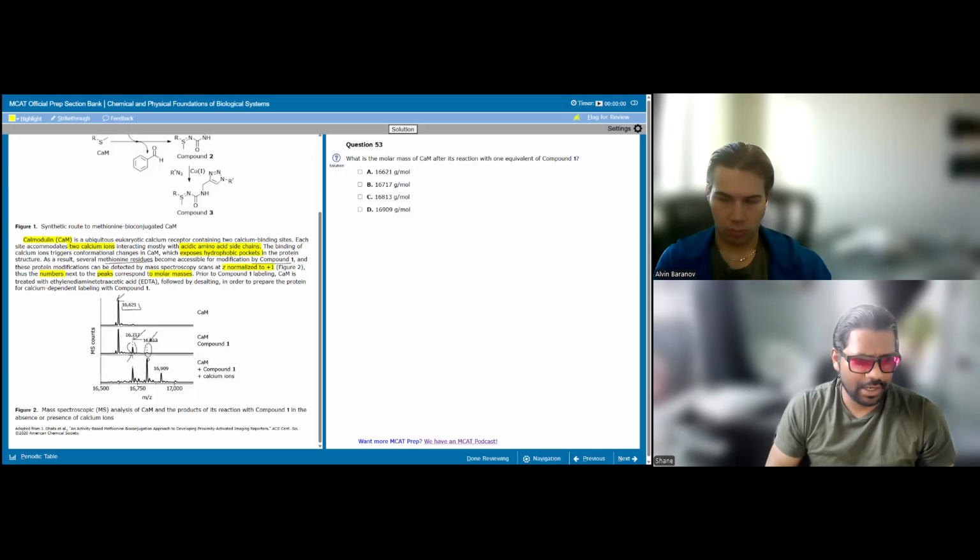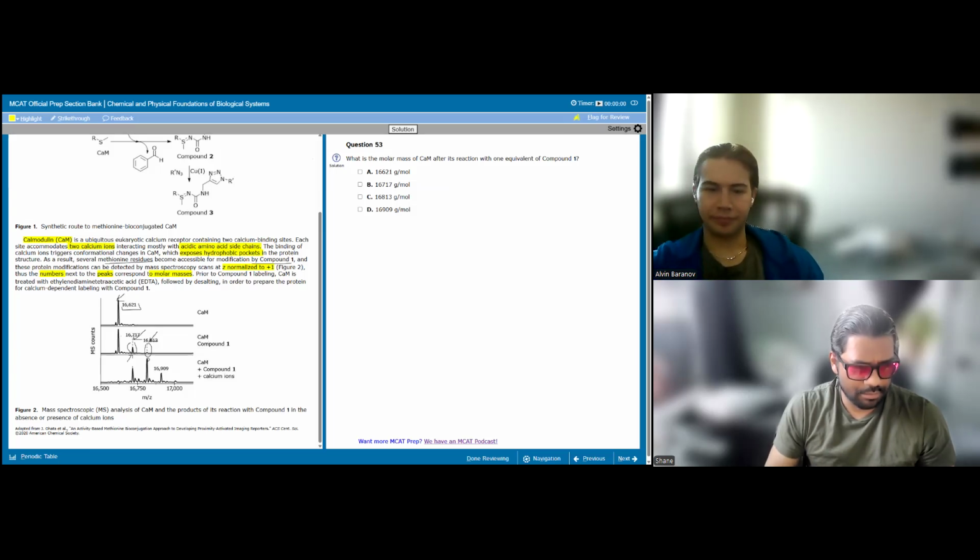The only thing I can think of is that we know CAM will be the 16,621, and when we add compound 1 we have two new peaks.